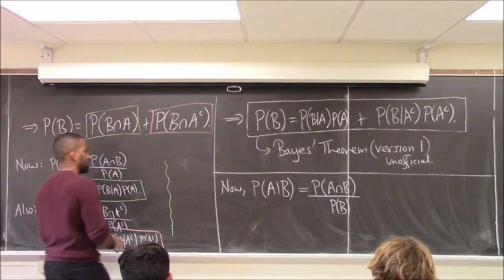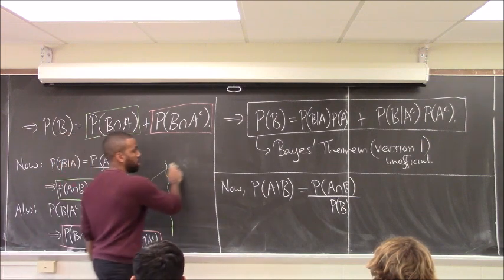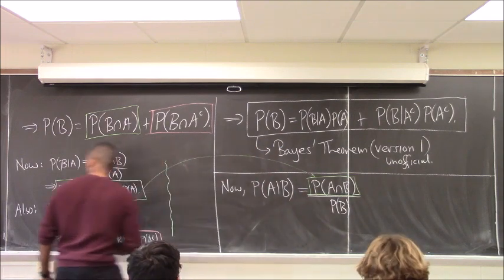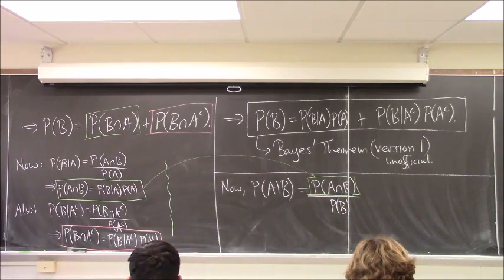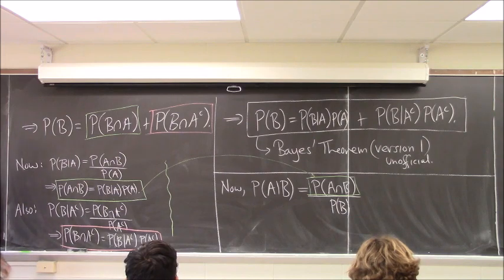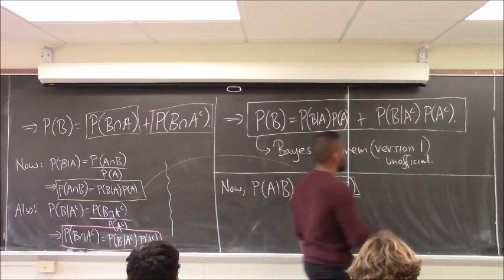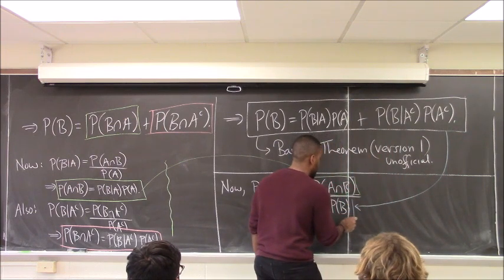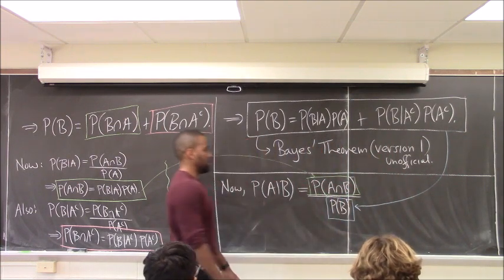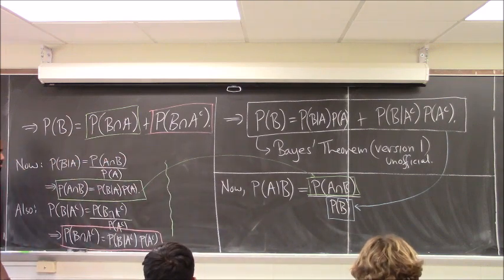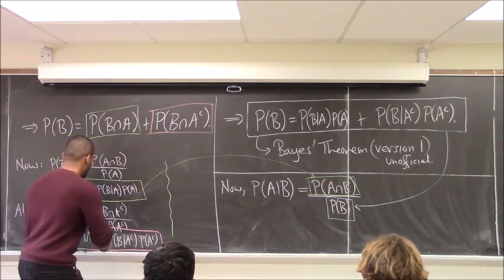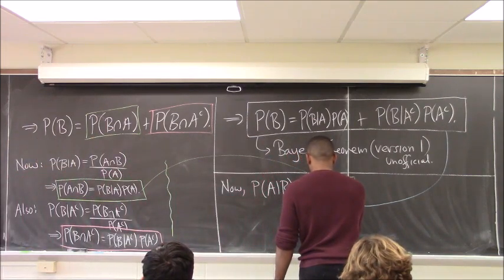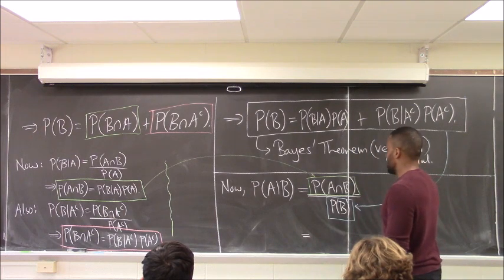So I'm going to take this and plug in here. I am going to take Bayes' theorem version 1 and plug in here. So this is going to be equal to the probability of the intersection.